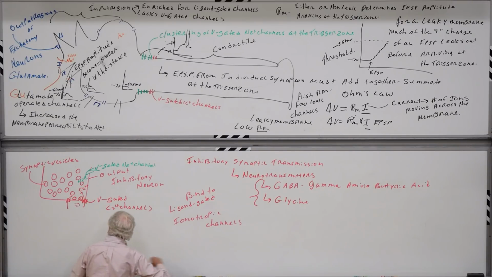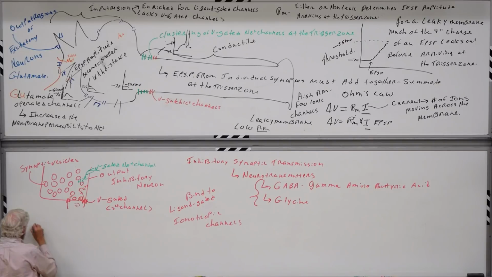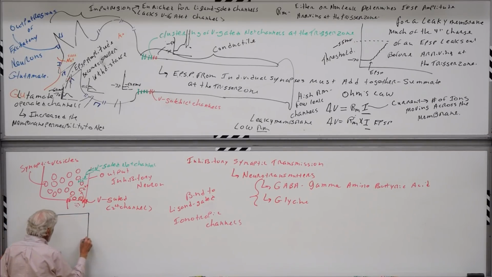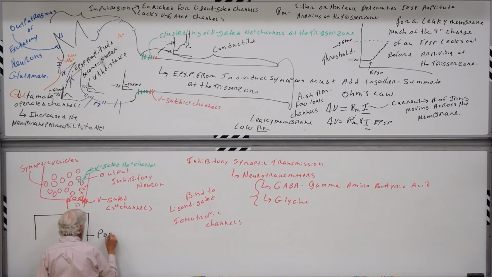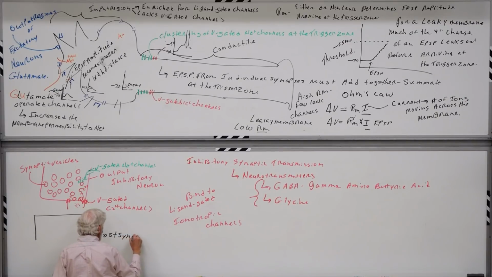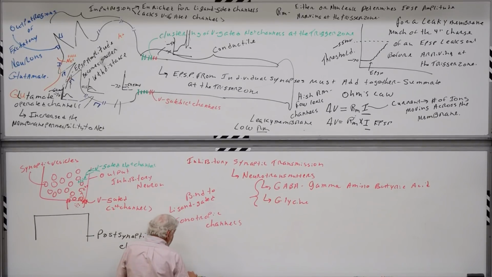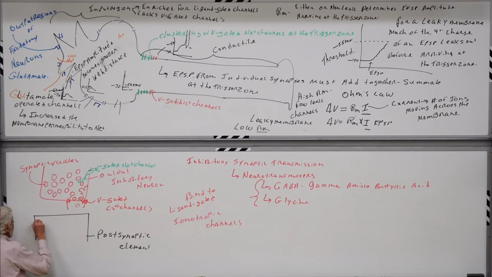We can then think about, over here, the postsynaptic element. And the story here will be pretty similar. Over here on this side of the membrane, we'll have these transmembrane proteins.